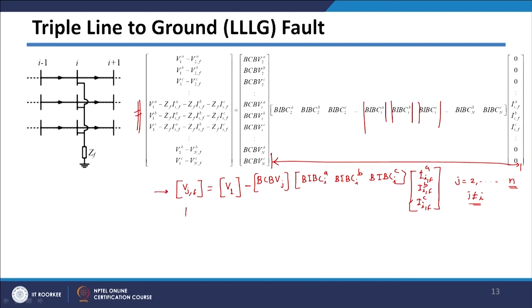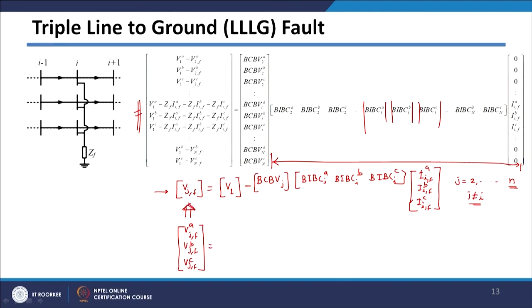So as I explained in the last part, this will be your three phase matrix which will consist of three bus voltages which are post fault voltages of A phase, B phase, and C phase.